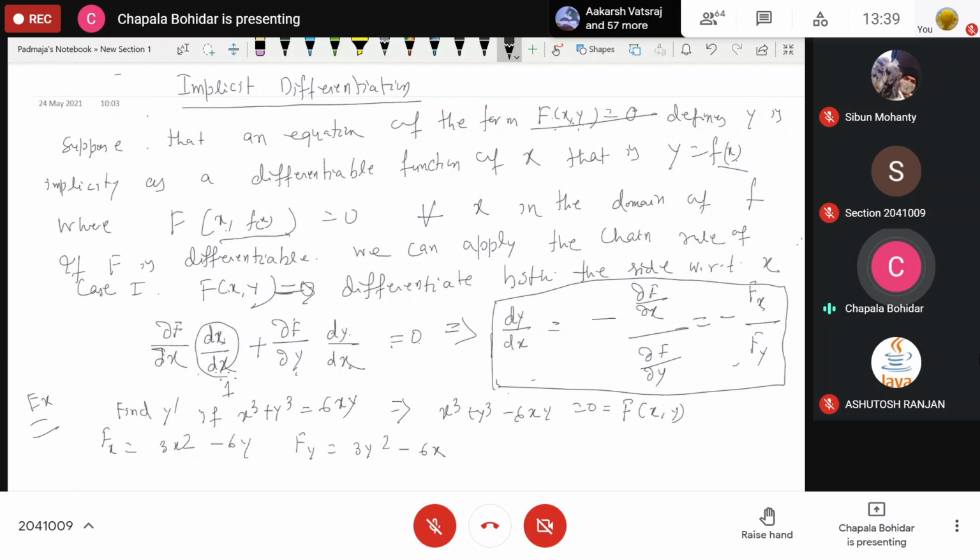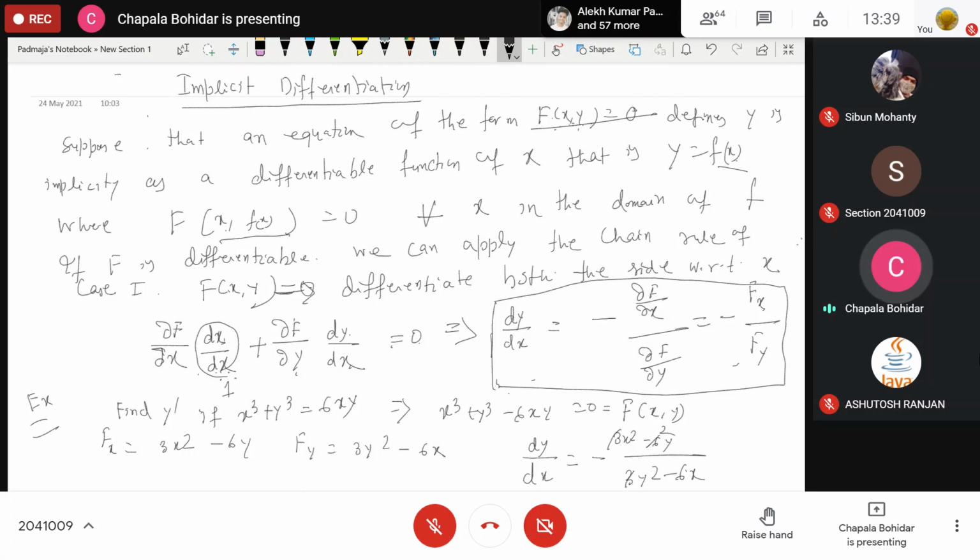Clear to all of you? Put the value here. Minus fx by fy, dy by dx is equal to this value. Minus of 3x square minus 6y divided by 3y square minus 6x. So I can take common 3.